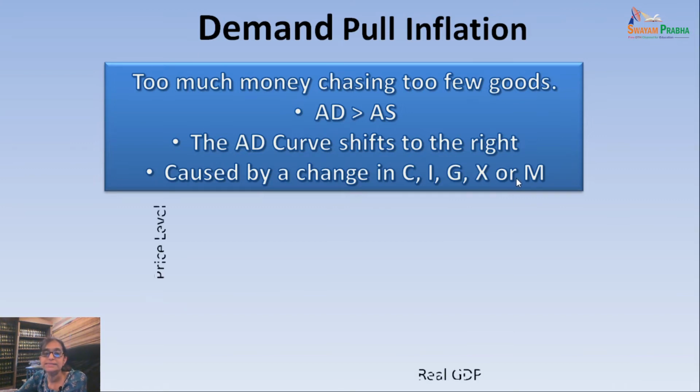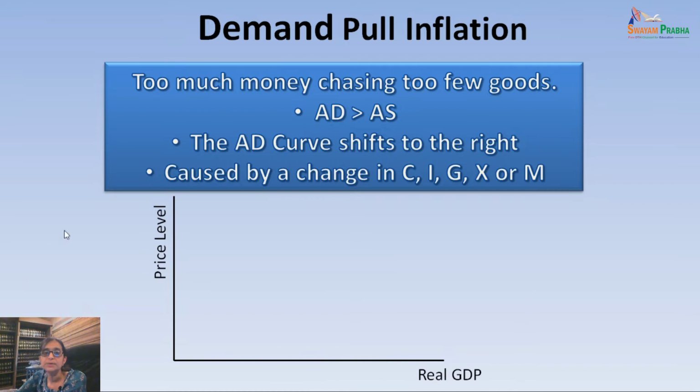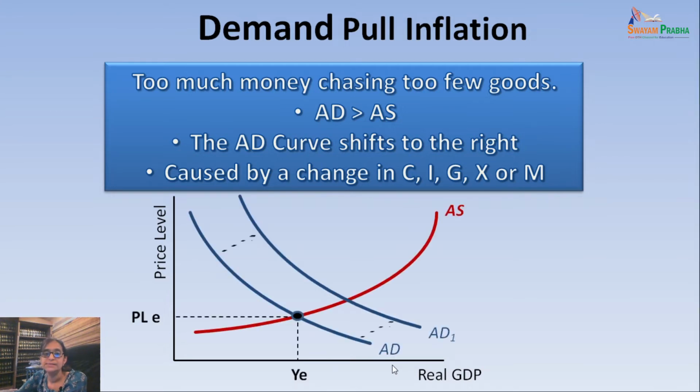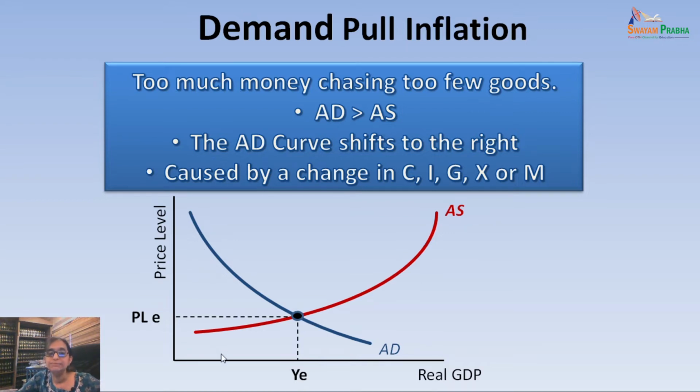Now let us see this graph. We are measuring price level on the y-axis and real GDP on the x-axis. We draw an aggregate demand curve which is downward sloping. What does it mean? A downward sloping curve means that when the price level is higher, the demanded real GDP is low. The aggregate supply curve is upward sloping.